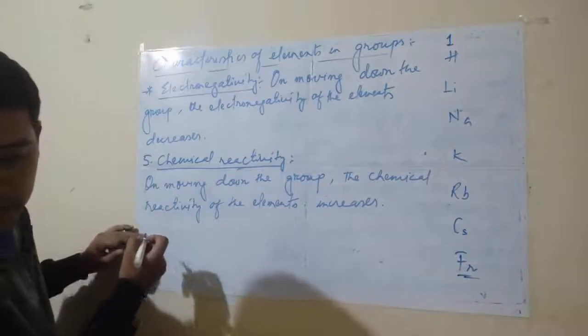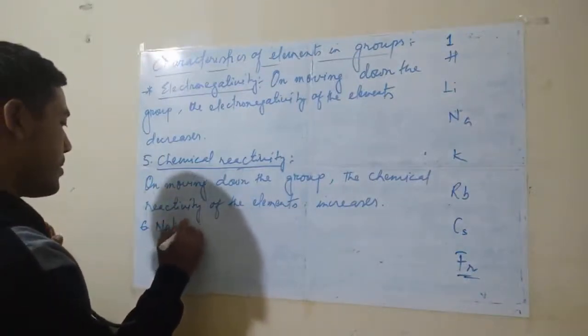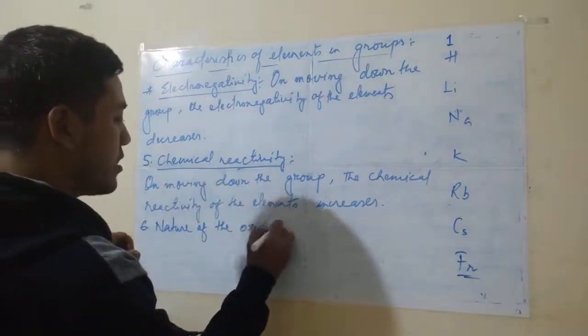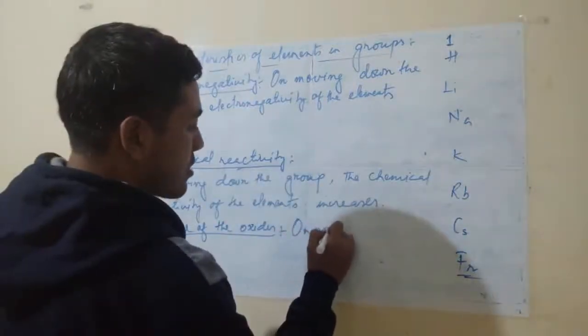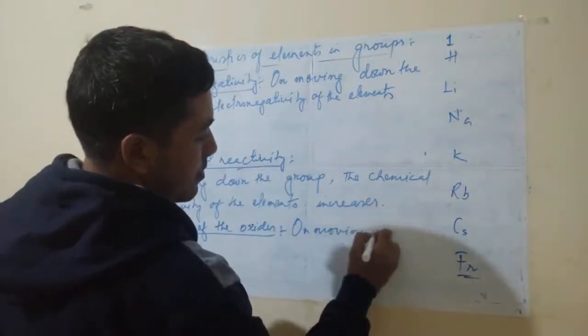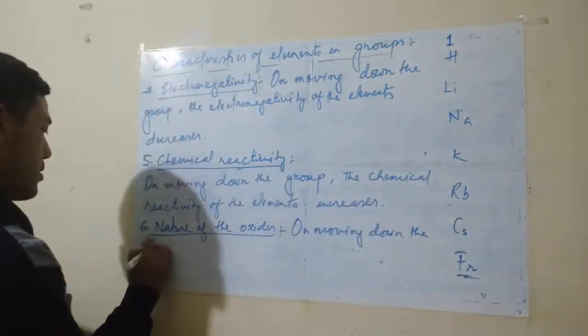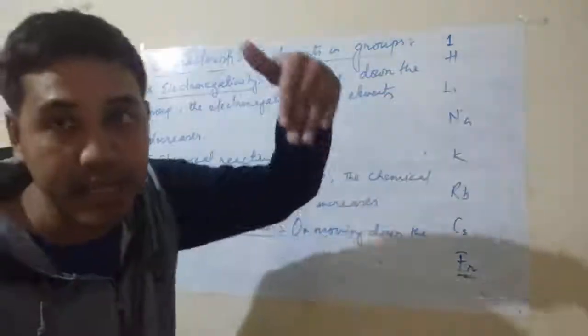The last part is the nature of the oxide. Look here. On moving down the group, the metallic character increases, right?